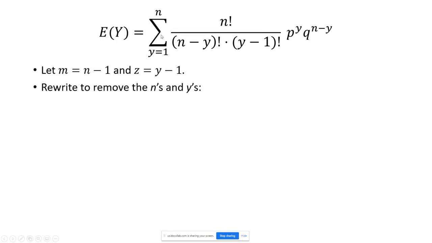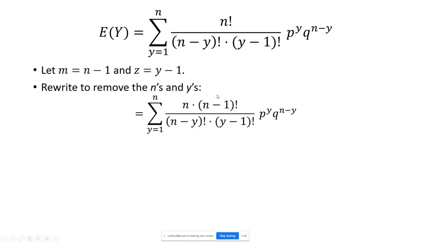And we want to rewrite our summation here to replace the n's and the y's with m's and z's. First, we'll start by expanding this n factorial into n times n minus 1 factorial, because that'll let us replace the n minus 1 factorial with an m factorial.